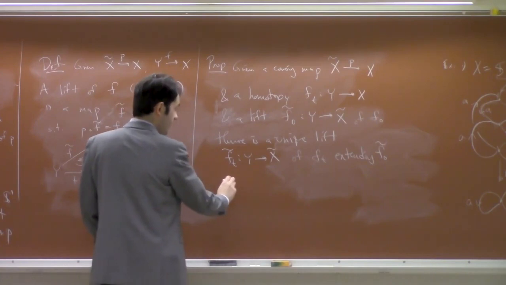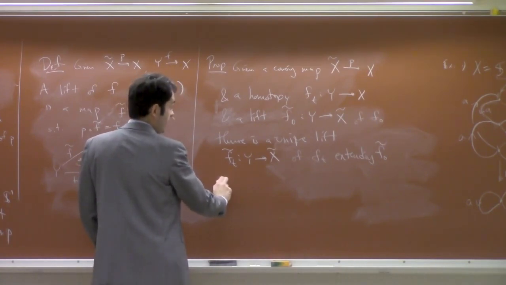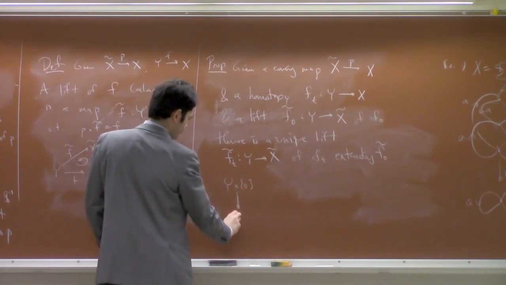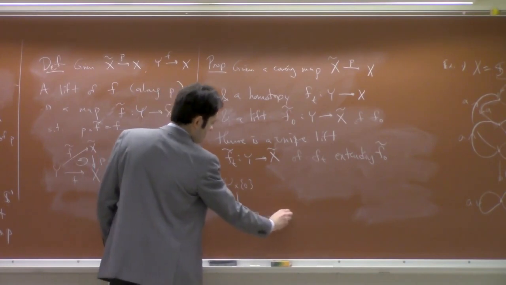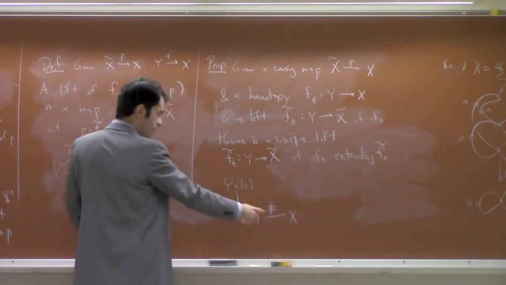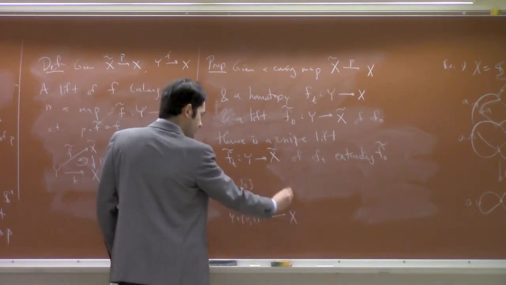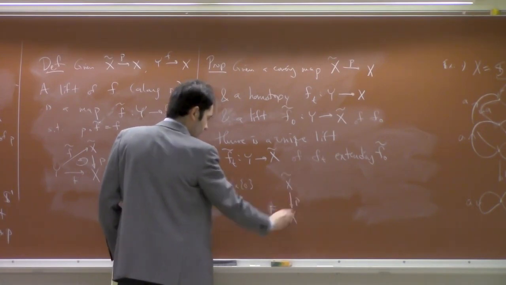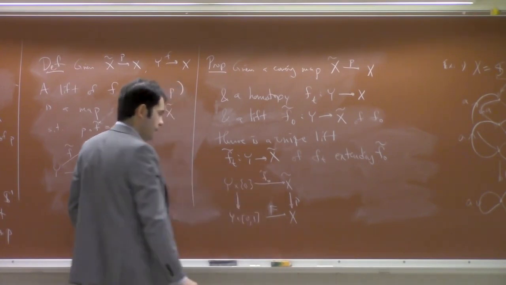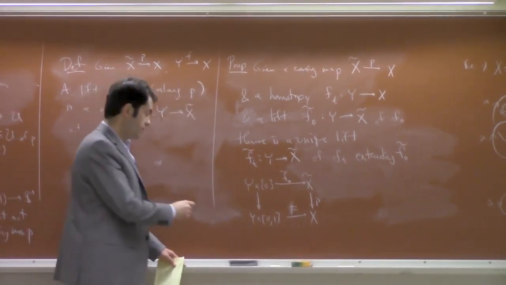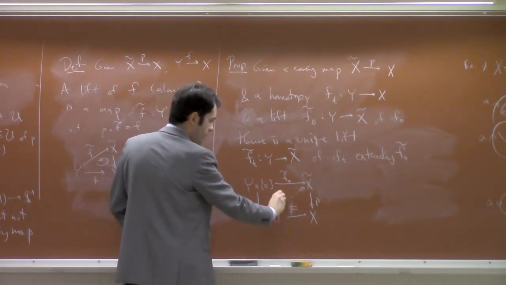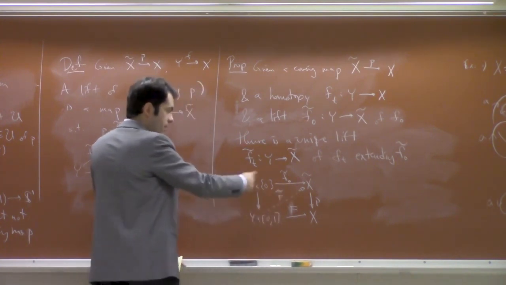So if you prefer a diagram, that says that we have, to start with, a homotopy into X, a covering, and a lift of the endpoint map, and then there exists a lift of the entire homotopy, making this whole diagram commute.